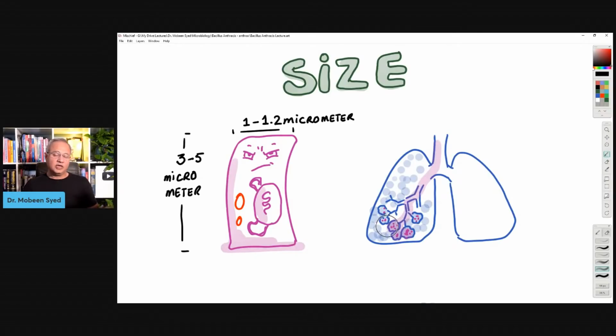Most of the time in our pulmonary system, those particles or pathogens that are larger than 5 micrometer are trapped somewhere higher up in the airways, and they do not get a chance to go all the way down to the alveoli, which is the end part of our lungs. But Bacillus anthracis is so small that it can go all the way and be deposited in the alveoli.